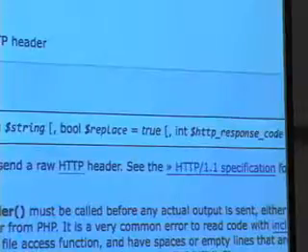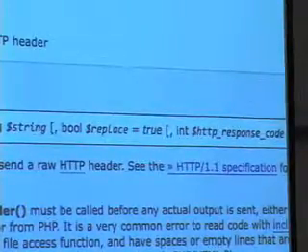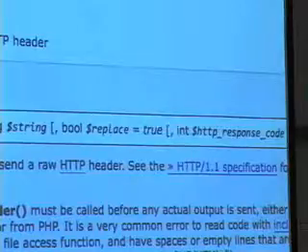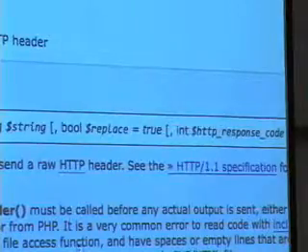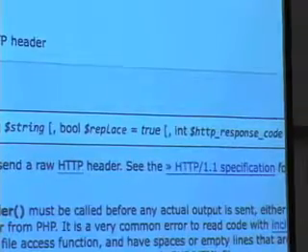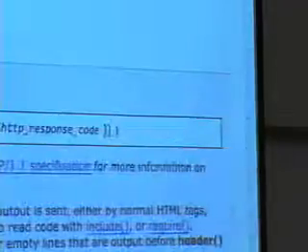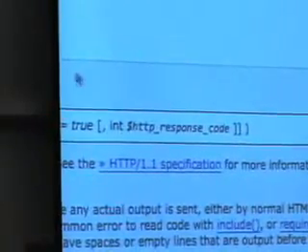Although it's rare, frankly, I think that your own code would issue the same header twice. There's presumably some ways of fixing that logically, but because it says replace equals true, that means the default value of this argument is in fact true, it's implied. Then finally it takes a third argument optionally, an int, whereby you can specify the numeric code.